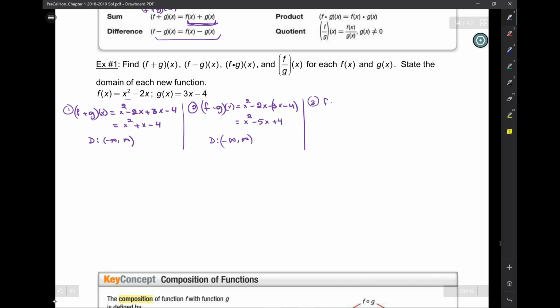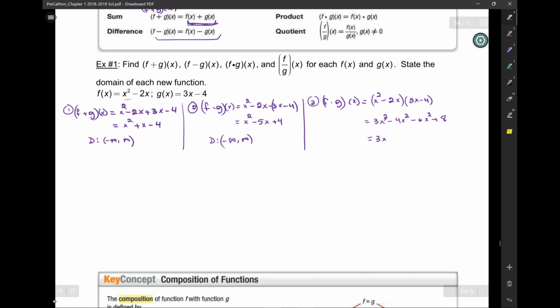Okay, so what about f times g of x? Well, that's going to be the product of these two. So that's 3x cubed minus 4x squared minus 6x squared plus 8.